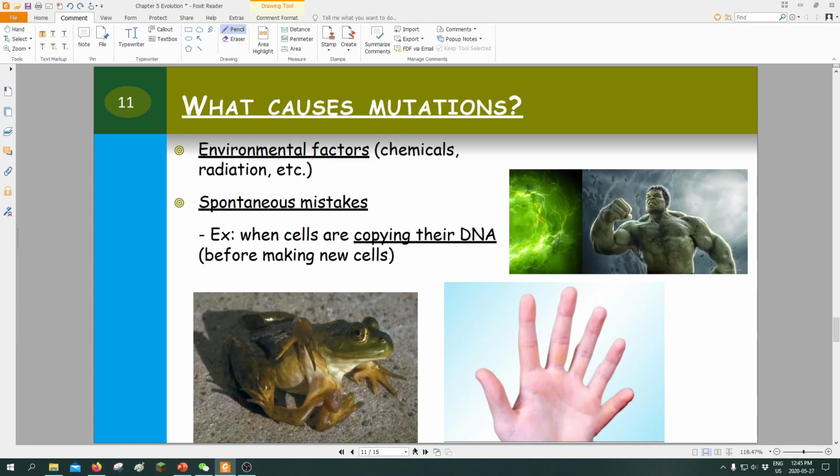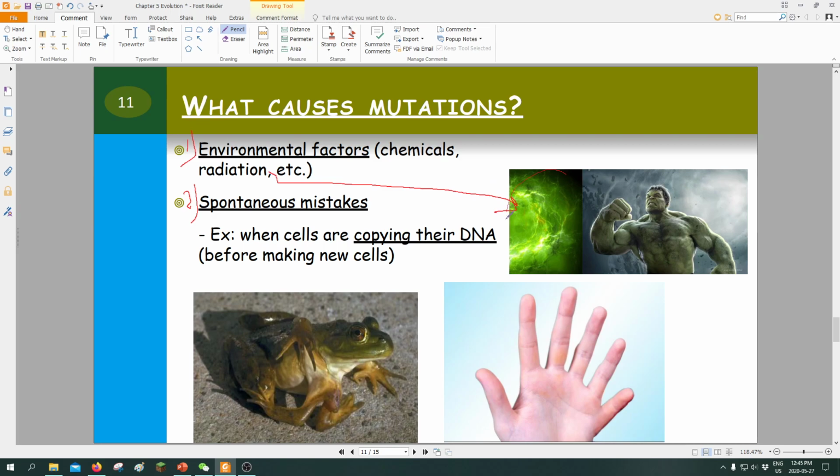All right, so what actually causes mutation? So two different things here, okay? We got 1 and we got 2. And environmental factors, okay? For example, chemicals that are perhaps poisonous or harmful could change the DNA, or radiation, like for example, gamma radiation.